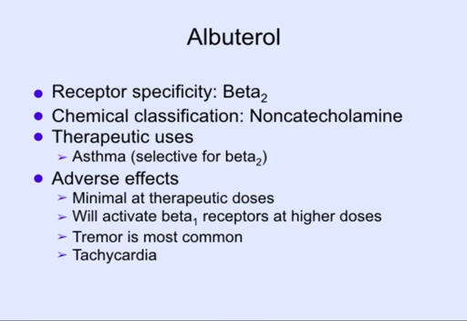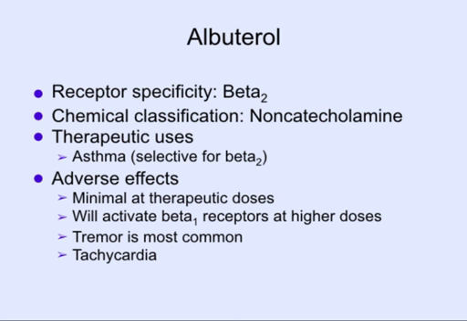And then let's take a look at albuterol, because that's the other one I would focus on. We'll talk about this as we go through respiratory, but just so you get the understanding of the beta and alpha receptors. So albuterol hits beta 2. It's used for asthma. And there's long-acting and short-acting beta 2 agonists for asthma. And usually at the lower, therapeutic doses, there's not too many side effects with it.